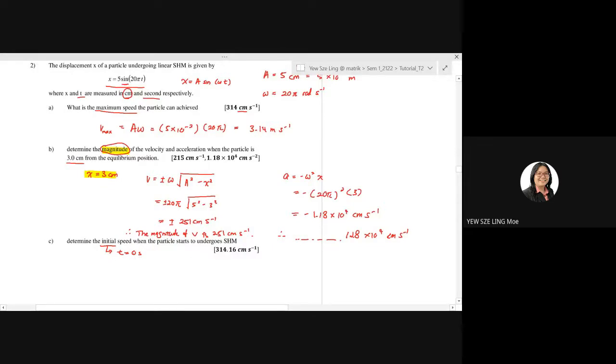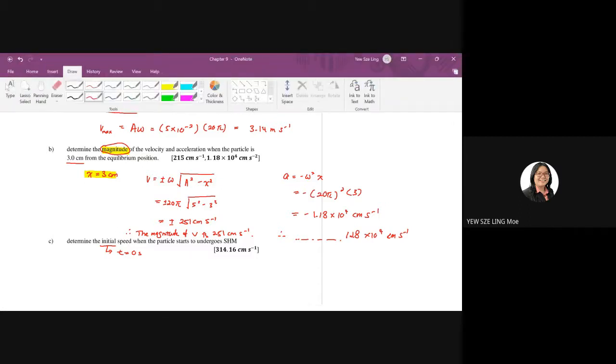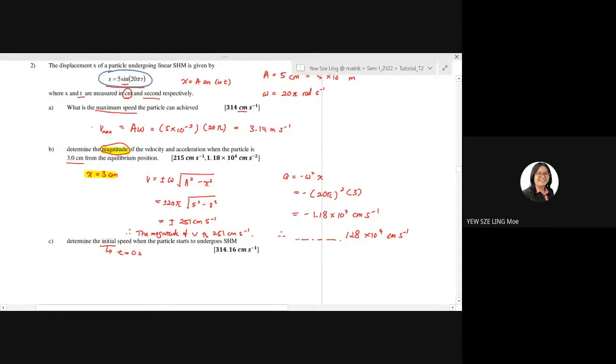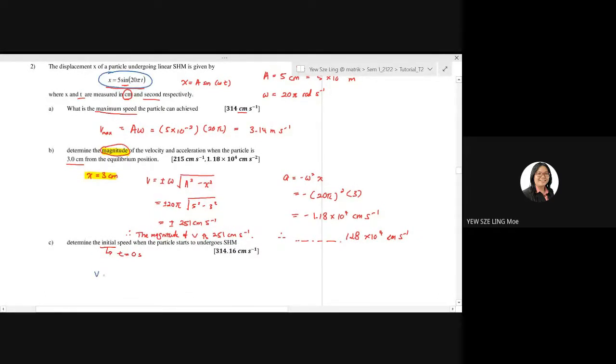But now you are not given the equation for v. So what should you do? If you look at the question, you are given the equation in terms of x, and we know v is equal to dx over dt.